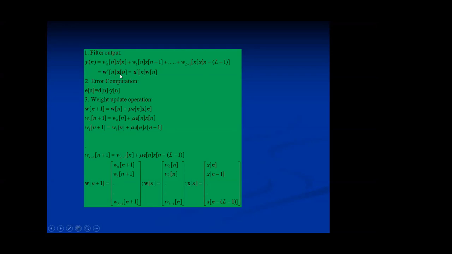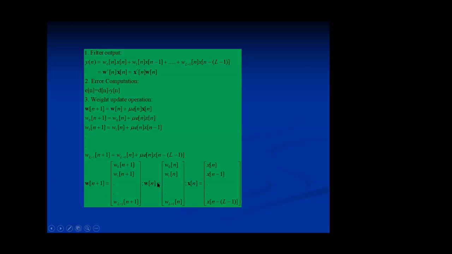Remember that w is a vector and x is a vector. After multiplying, the inner product is a scalar, because we are adding to a single value. y of n is a scalar, the desired signal is a scalar, so we get e of n as a scalar. That scalar we are going to take.